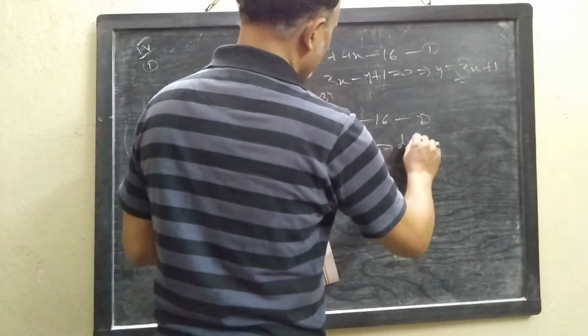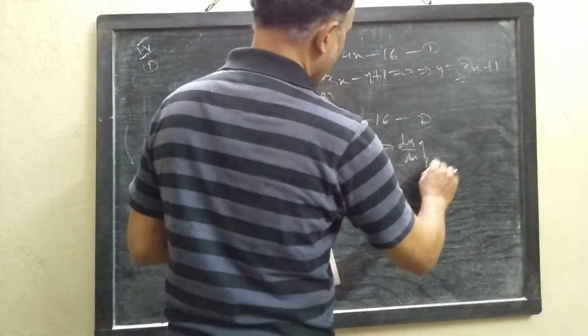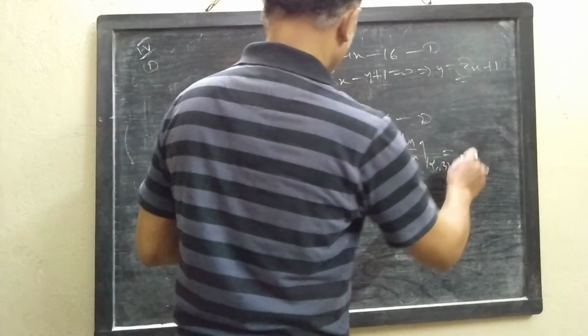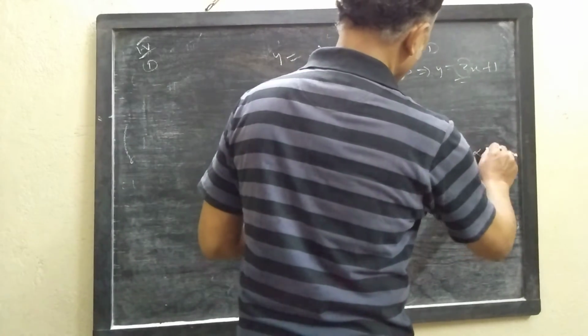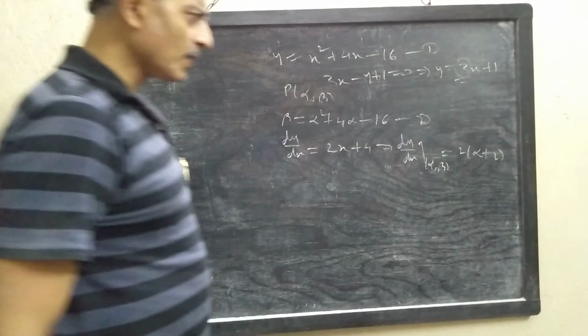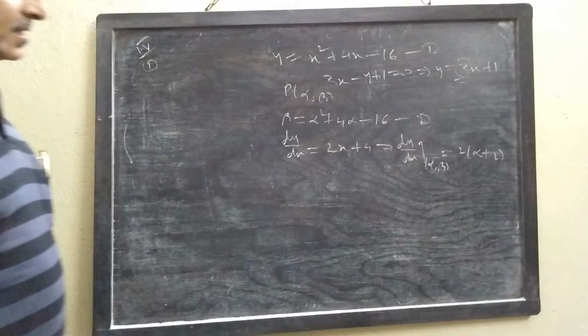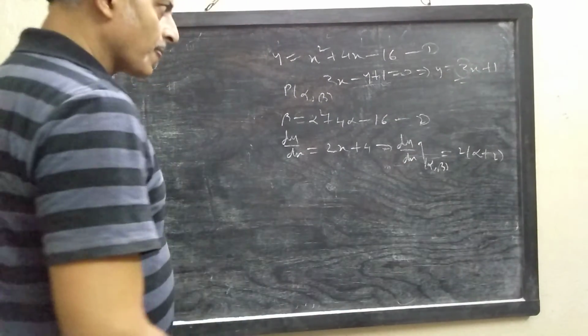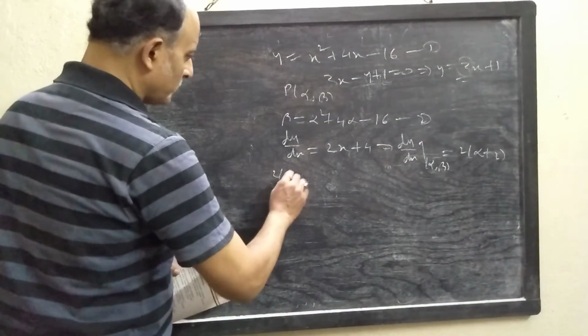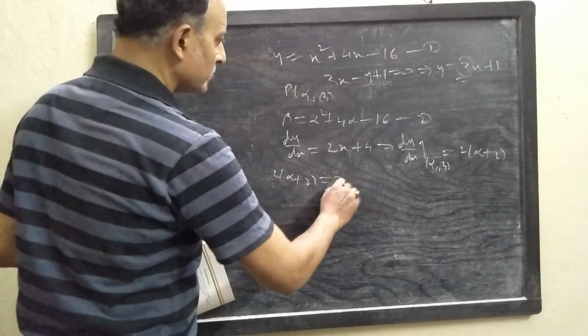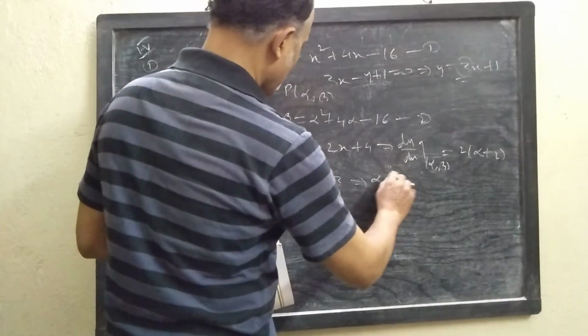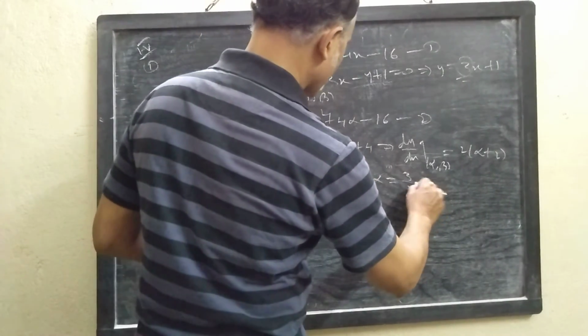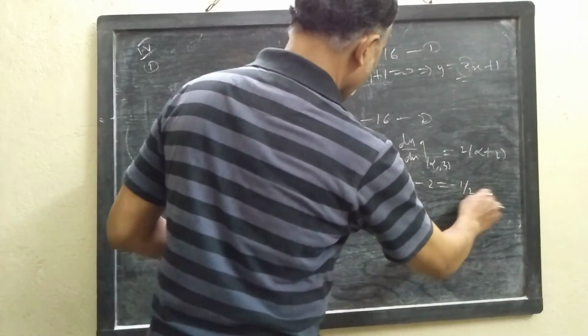That implies dy/dx at (alpha, beta) will be 2 alpha plus 4. Now according to the question, as the tangent is parallel to the given line, it should have slope 3. So we have 2 alpha plus 4 equals 3. That implies alpha equals 3 by 2 minus 2, that is minus half.